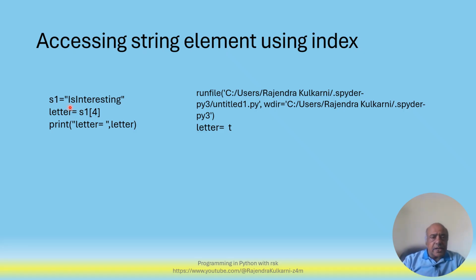What is the character at index 4? 0, 1, 2, 3, 4. T is the character. So T will get assigned to later, and this print statement will output T as the output.